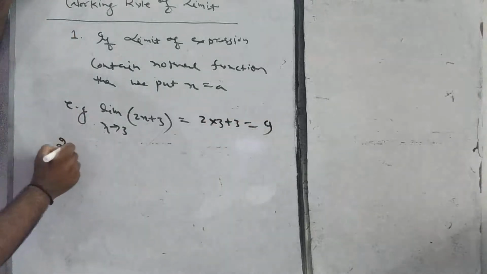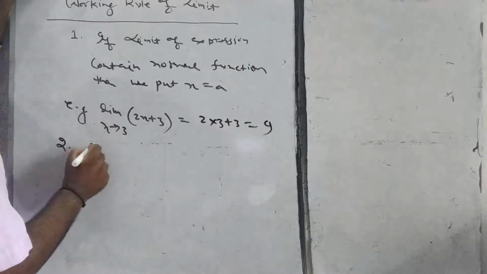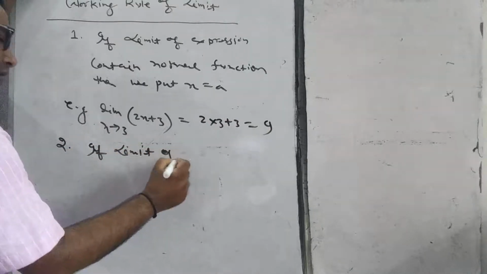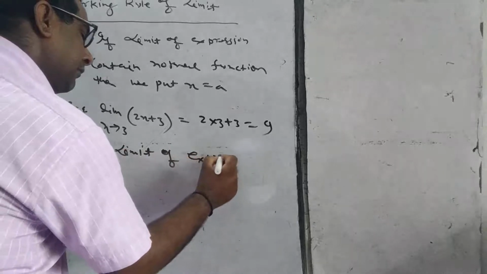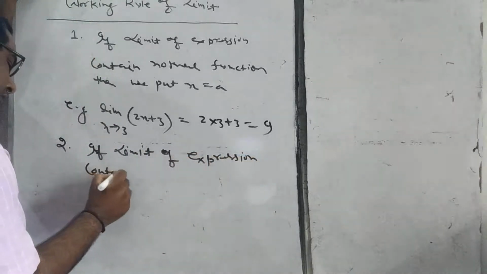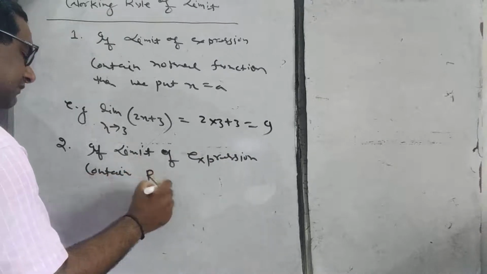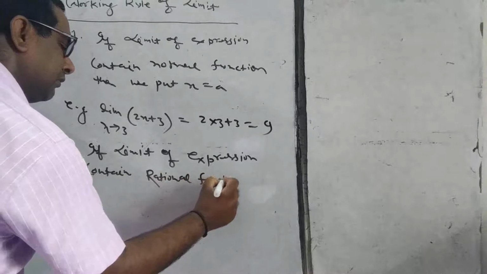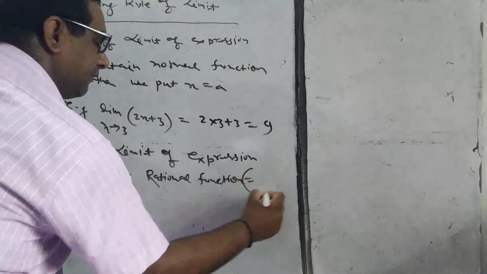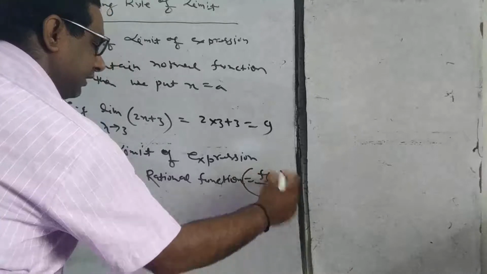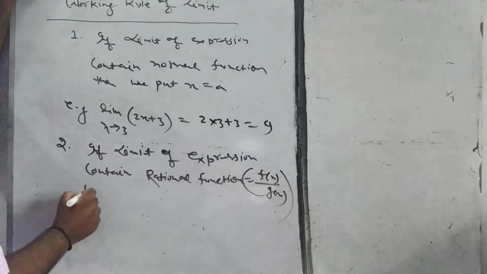Second, if the limit of an expression contains a rational function. A rational function means f(x) upon g(x).